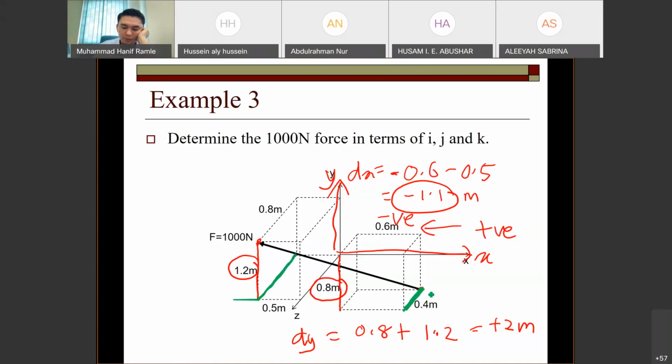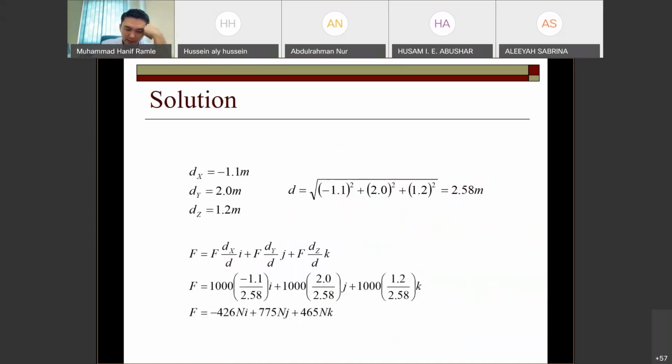So 0.4 plus 0.8, you will get dz equal to 1.2 meter.